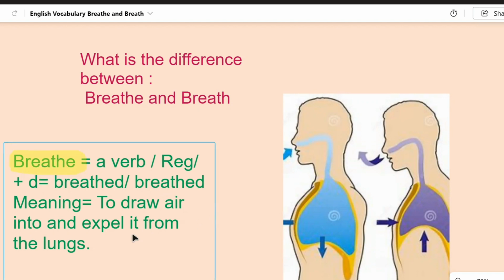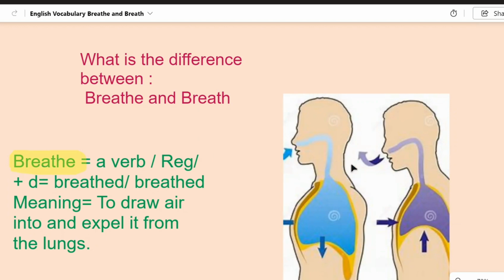What do we mean by breathe? It means to draw air in or get it out from the lungs. Draw air, take air in. So it takes two prepositions. Breathe in, like here, take air inside. And breathe out, take air outside.